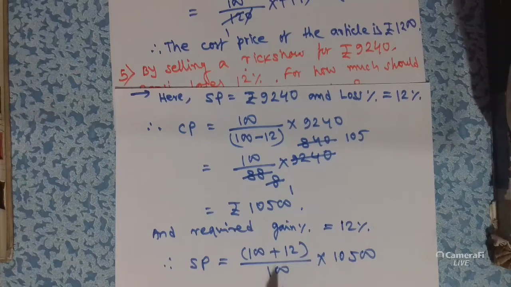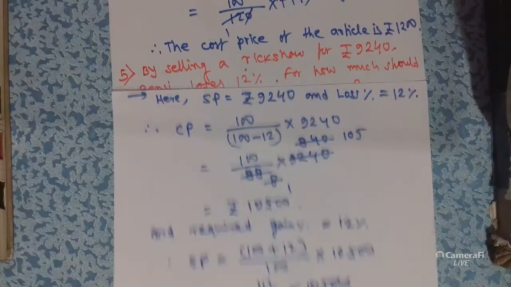Now calculate it. 112 by 100 multiply 10,500. So it will be, now we have to multiply 112 and 105. So it will be rupees 11,760.